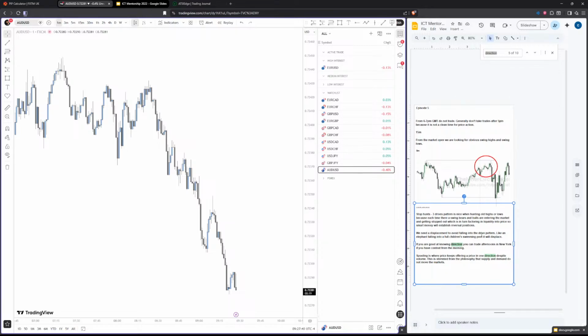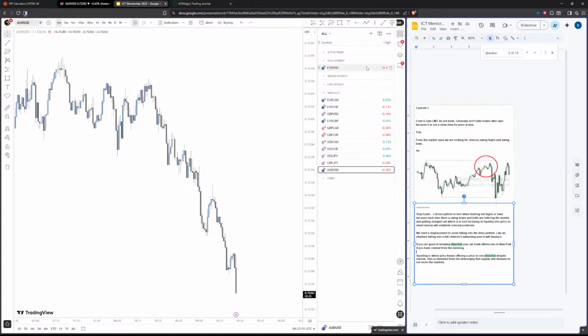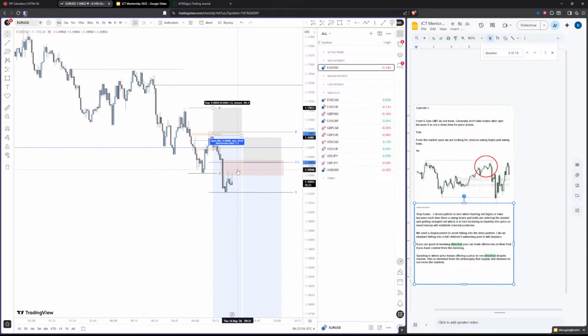Okay, so direction. If you're good at knowing direction, you can trade afternoons in New York if you have context from the morning. So to trade the afternoon, we need 2 things: context from the morning session and an overall direction. Similar to how we entered a little bit later here, we can do this with knowledge of the afternoon session's behavior patterns, as well as context from the morning, and on top of that, the overall target.